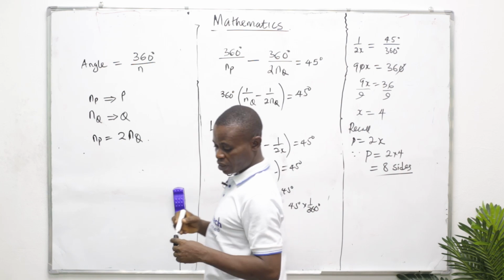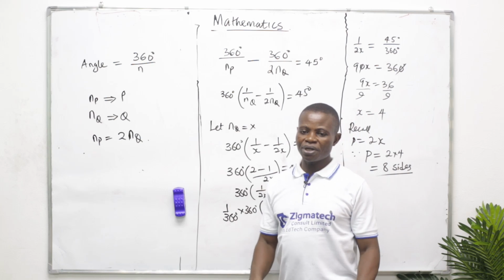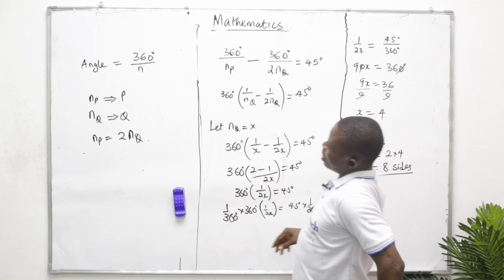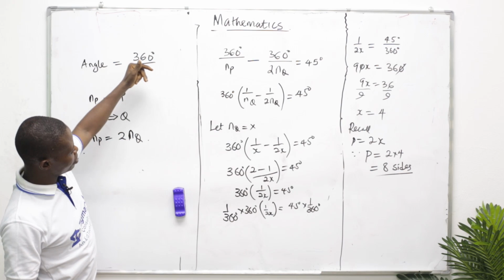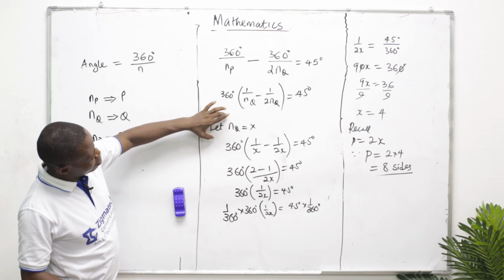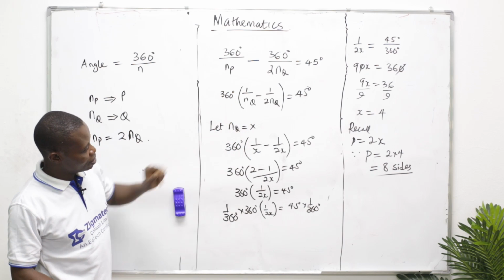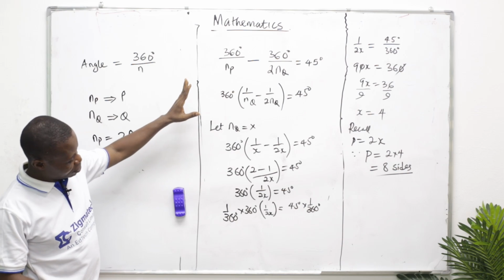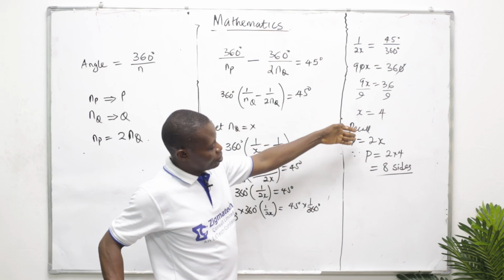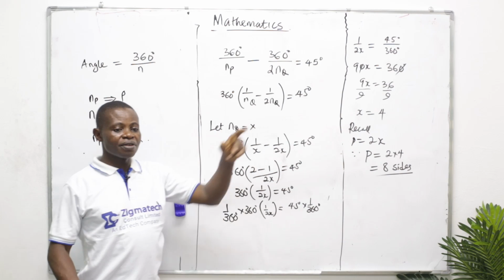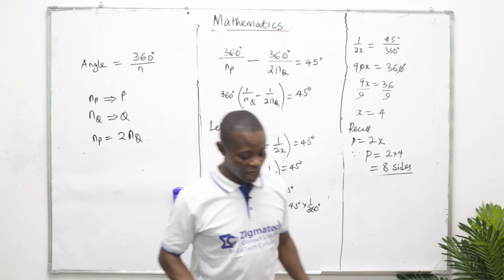It has 8 sides, the polygon P. Number of sides of P equals what? 8 sides. Look at the solving clearly. Take your time and go through it. I wanted to avoid confusion here. That's why I said let NQ represent X. So at the end, I have to recall back that P was 2NQ. Therefore, the number of sides of this polygon is what? 8 sides.